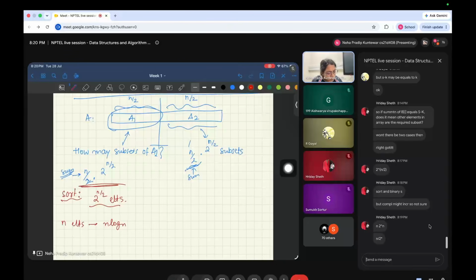So substitute n with 2 to the n by 2, you get log of 2 to the n by 2, which is n by 2, times 2 to the n by 2. So this is the amount of time you ended up spending in sorting. Is this fine with everyone until this point?